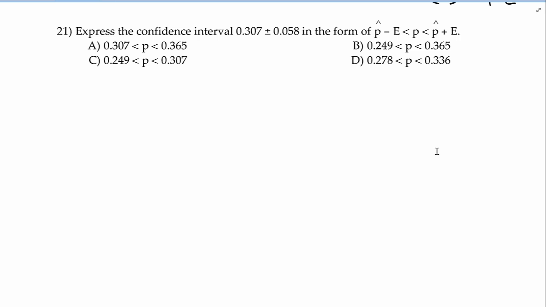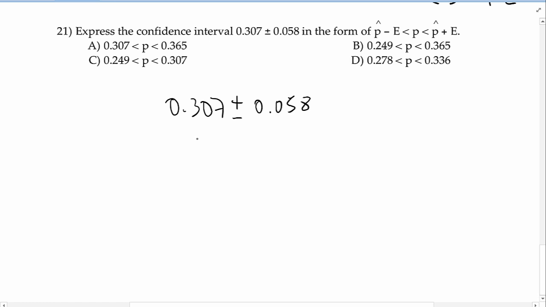All right, let's look at problem 21. In problem 21, now we have a confidence interval for the proportion of a population written in the form of plus or minus: 0.307 plus or minus 0.058.